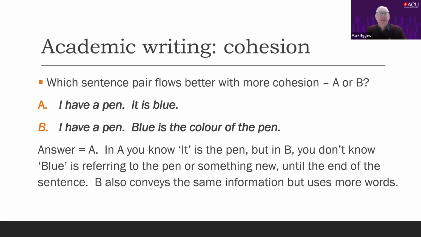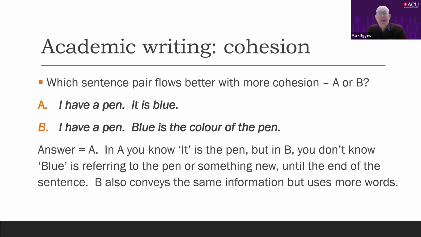A is better because in A, when you see "it", which is the second sentence, you know it's the pen. But in B, you're not absolutely sure blue is referring to the pen until you get to the end of the sentence.